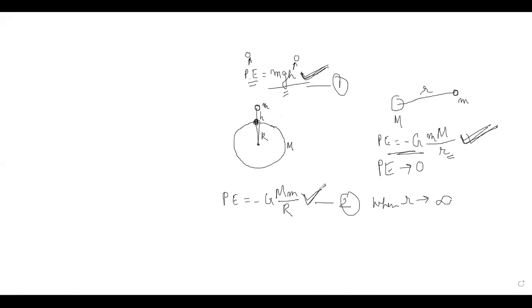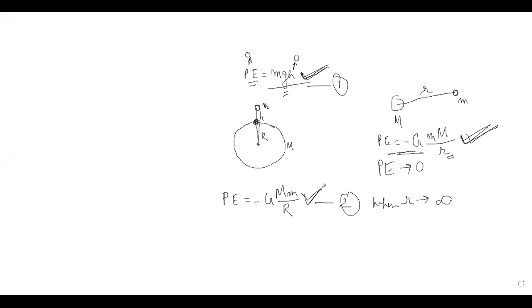So what is the takeaway message from here? The takeaway message is that the zero of the potential energy, the zero reference of the potential energy, is arbitrary.